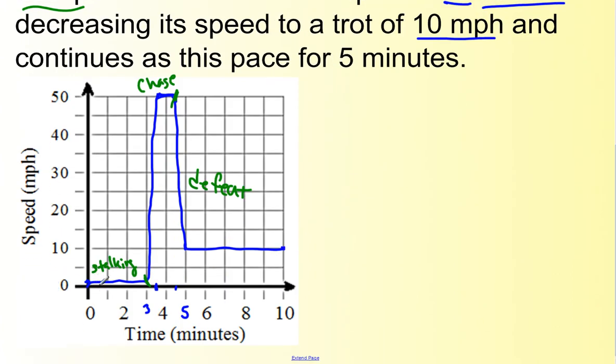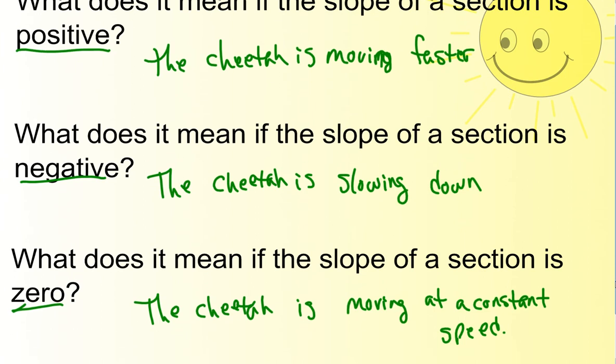It was stalking. It was just slowly moving. Here, it was moving at a constant speed of 50 miles per hour while it was chasing its food. And down here, it is moving at a constant speed of 10 miles per hour as it's just kind of trotting back to its other group of cheetahs, or whatever it was doing. Okay.